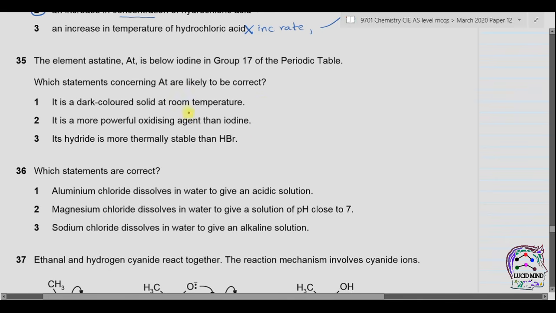Question number 35. The element astatine is below iodine in group 17 of the periodic table. Which statements concerning astatine are likely to be correct? Number 1. It is a dark colored solid at room temperature. Yeah, we know for group 17 that the elements become darker down the group.